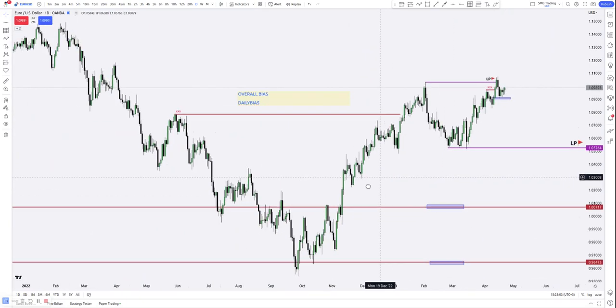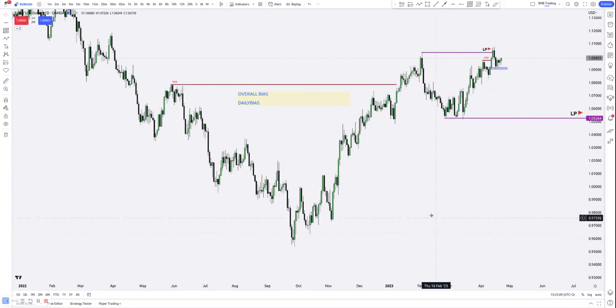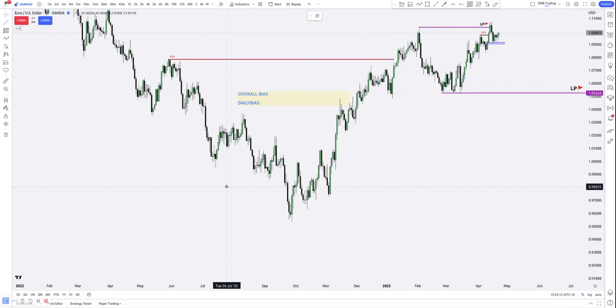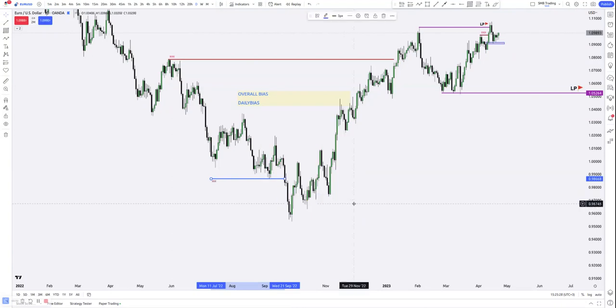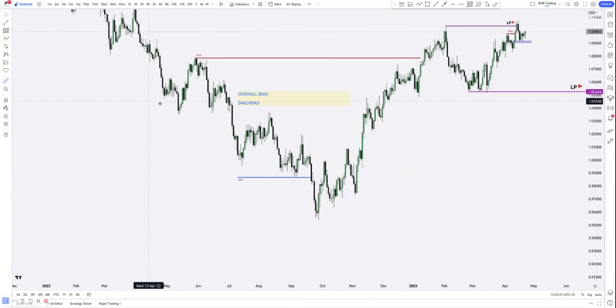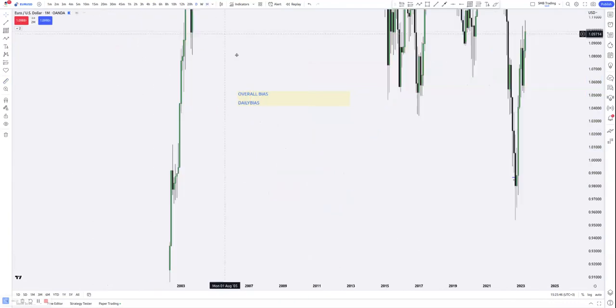For instance, let me remove this. For instance, guys, you can see this sell side liquidity right here, from here to the time it was taken, it's about over 3 months.